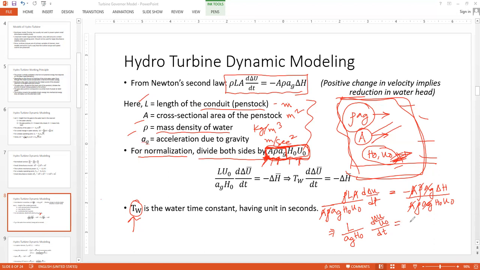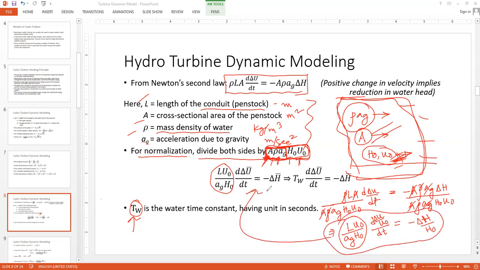On this side, we have minus del H by H naught. So now you see it is L U naught over Ag H naught, and normalized means del U by U naught. Del H normalized means minus del H by H naught. So your job is done.